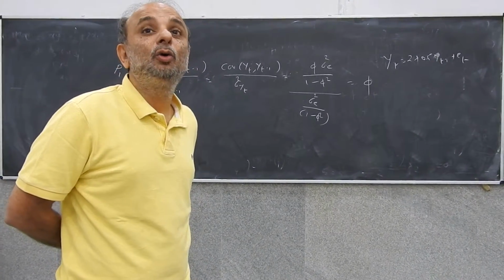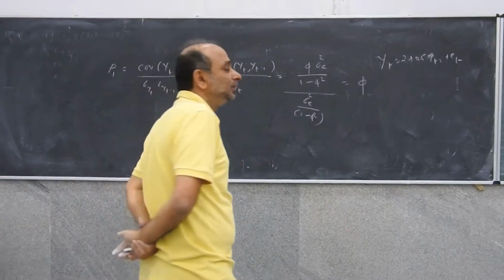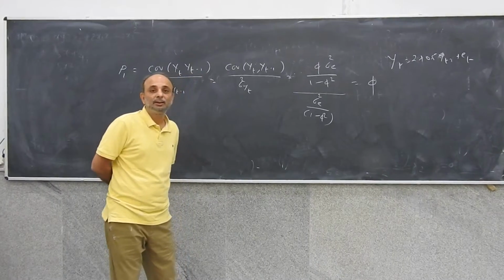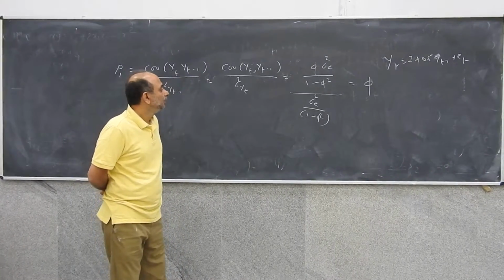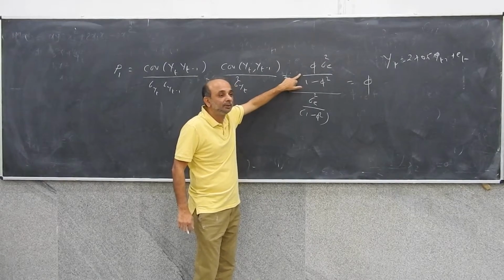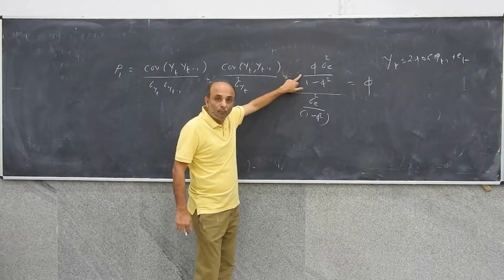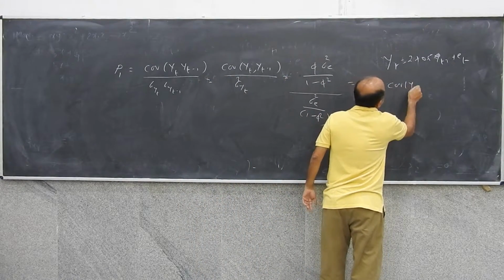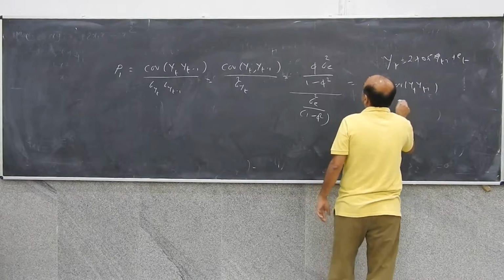If I told you to find out the covariance between yt and yt minus 1 for this process, what will it be? Et is a standard normal, so what will be sigma square E? 1.